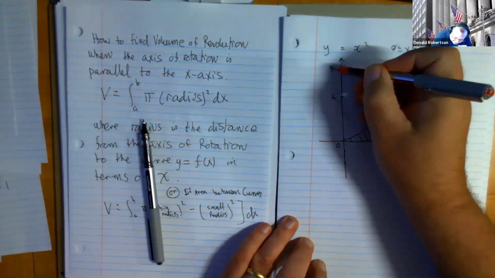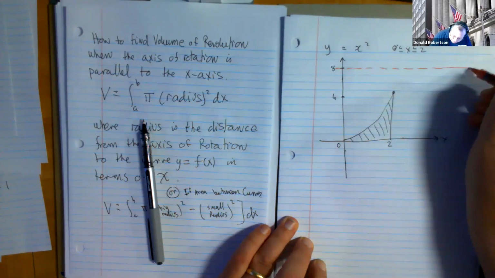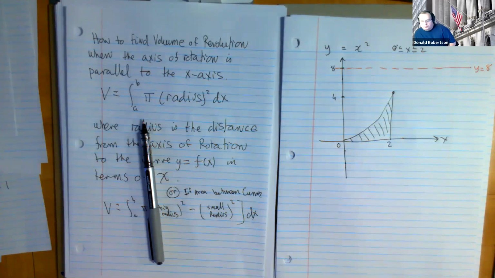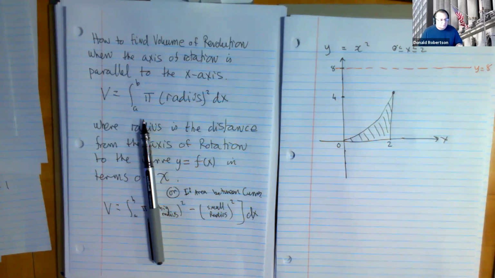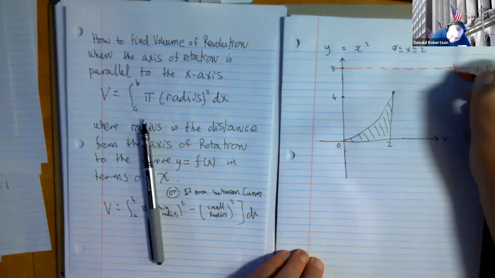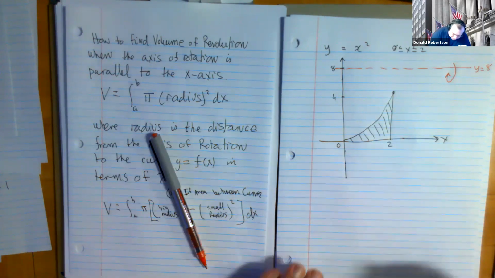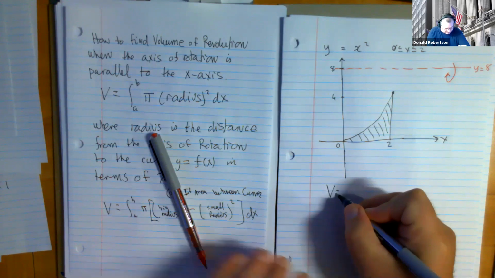And here is the axis of rotation. And have you noticed that that horizontal line has the equation y equals 8? Even although it's parallel to the x-axis, its formula has a y in it, right? So you're going to rotate about this. So the formula you're going to use is this.